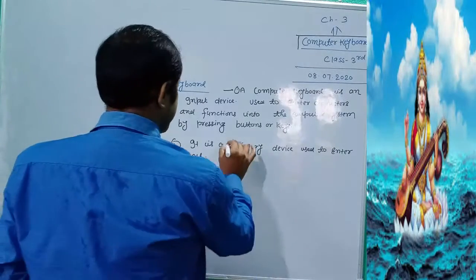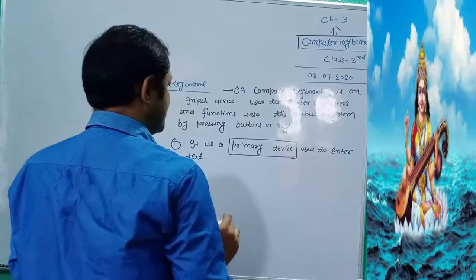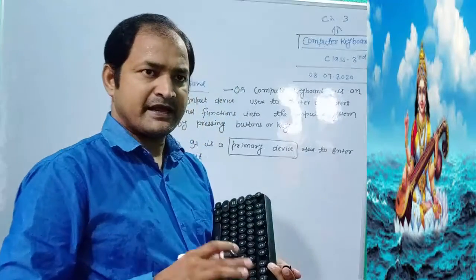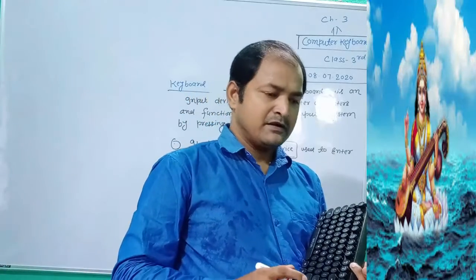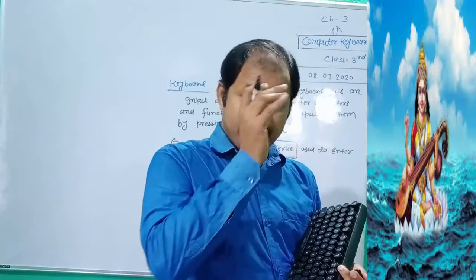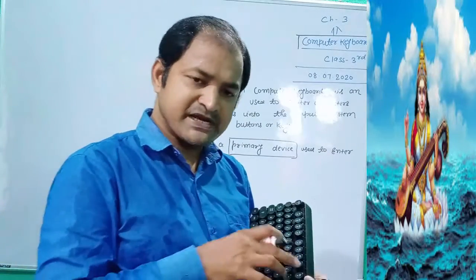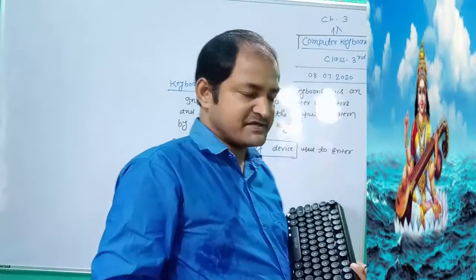Why is it a primary device? Because the computer, laptop and notepad are not usable without a keyboard, and I cannot enter any data. So it is considered primary. Primary means essential. This is the essential device.